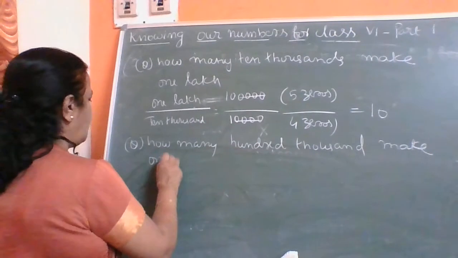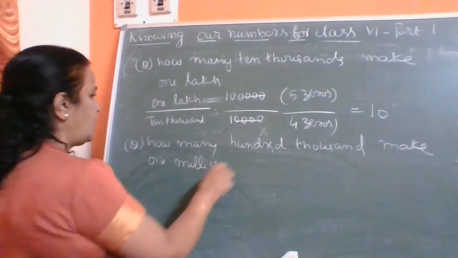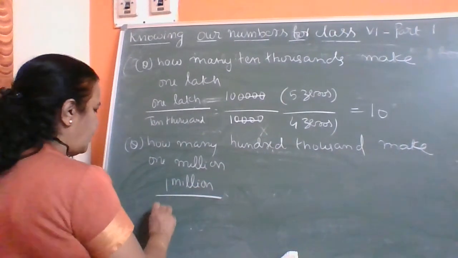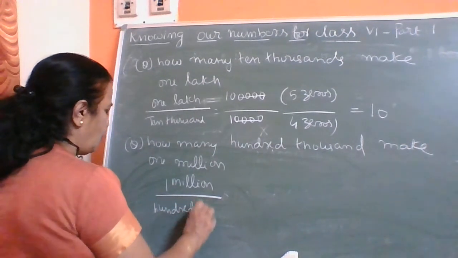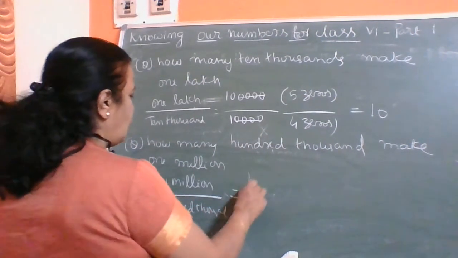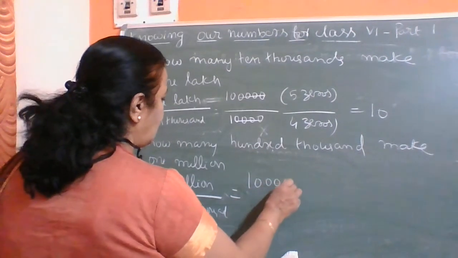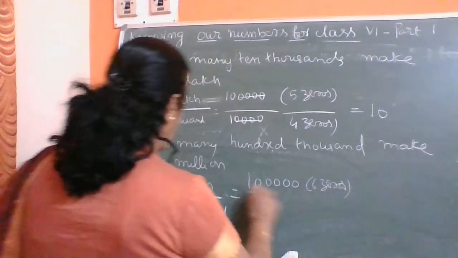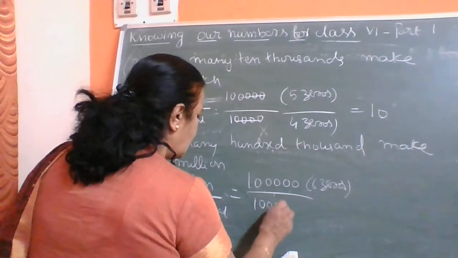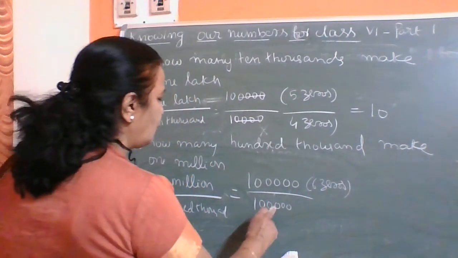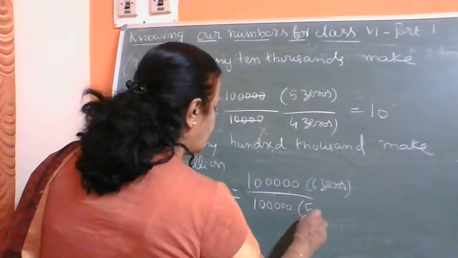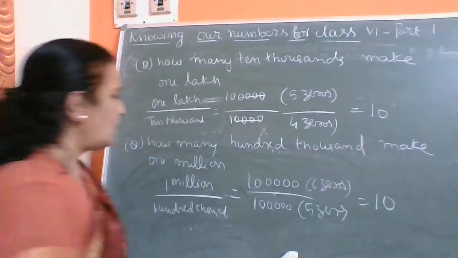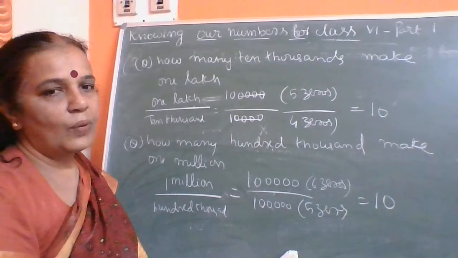Here 1 million divided by 100,000. 1 million is 10 lakh, 1 2 3 4 5 6, 6 zeros here. And then 100,000 is 1 2 3 4 5, here it is 5 zeros. Therefore, 10 100,000s make 1 million.